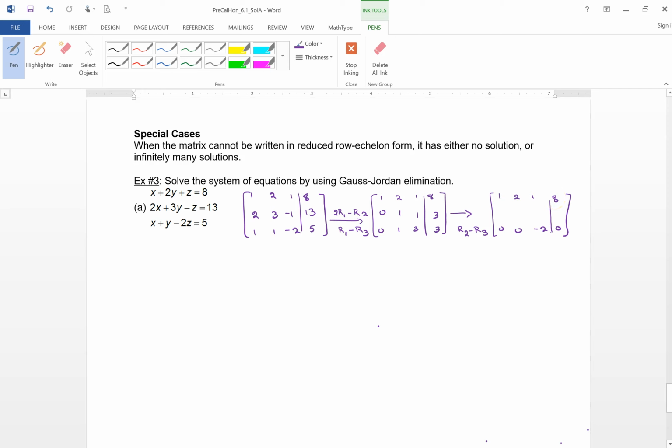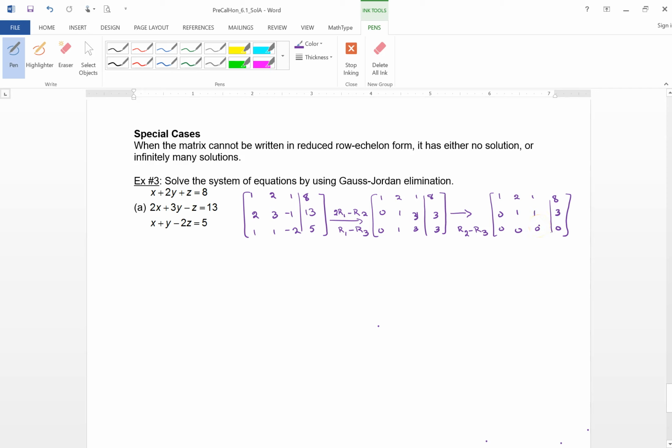No, but wait, why did you write for row 2 in your second bracket 1, 1, 3? I got 1, 2. Yeah, so 2 row 1 minus row 2, 2 minus negative 1, that is a 3, right? So here, there we go. So here we get 0 everywhere, okay?